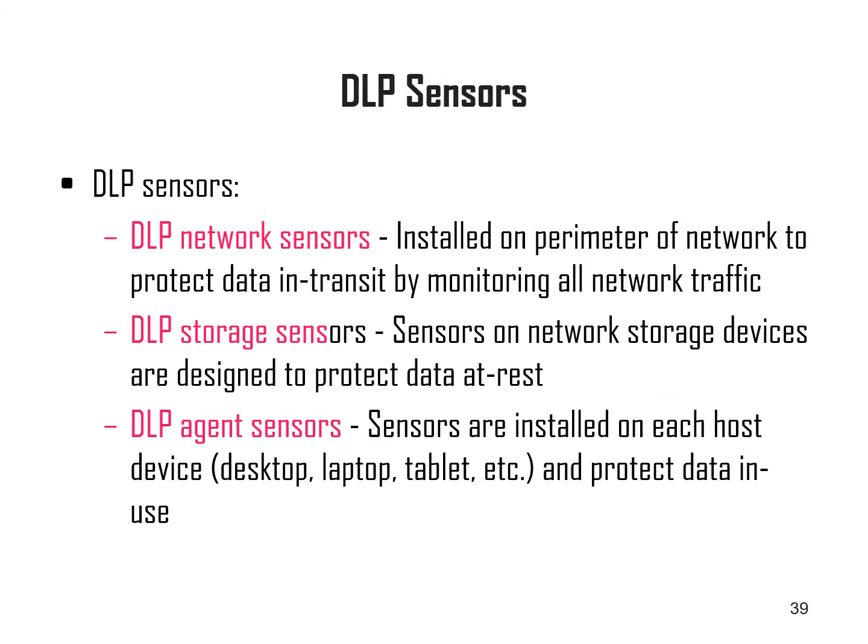A DLP system consists of different sensors. The DLP network sensor senses the data in transit, the storage sensor senses the data at rest, and DLP agent sensors are installed on each host device, for example desktop, laptop or tablet, and protect the data in use.